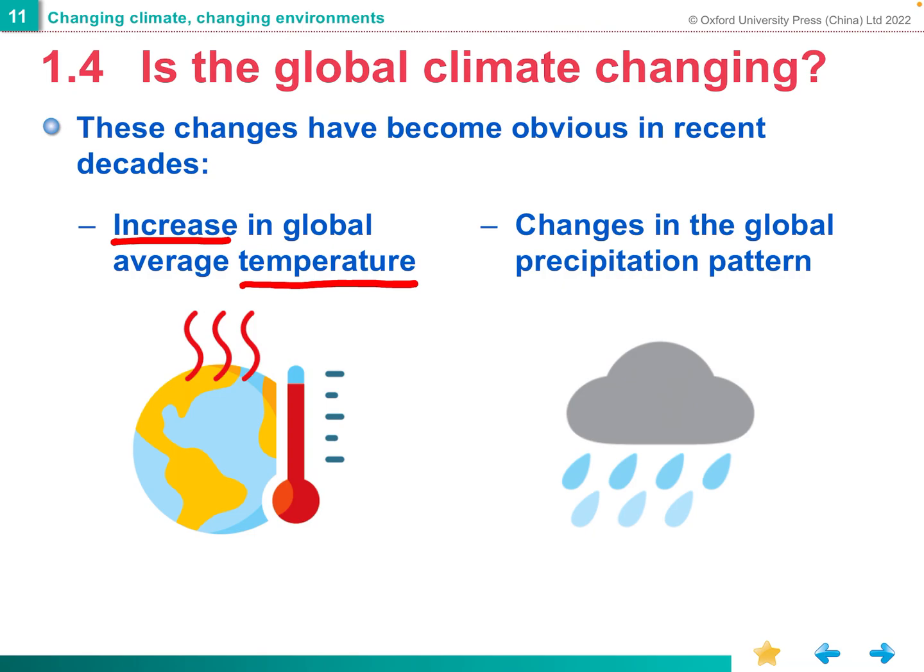Besides the temperature getting higher, there are some changes in precipitation. Why I don't mention increase or decrease, that means both. Some increase, some decrease in precipitation, that means rainfall. So we will focus on these two areas. Some changes in these two areas are caused by some human activities. We'll learn the human activity later.